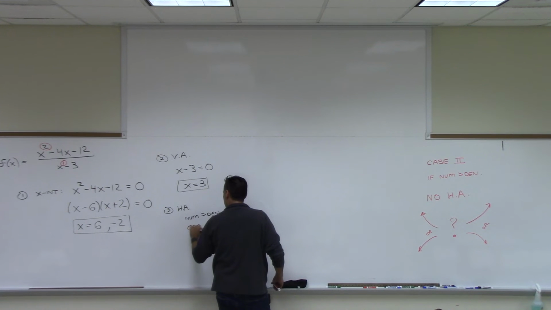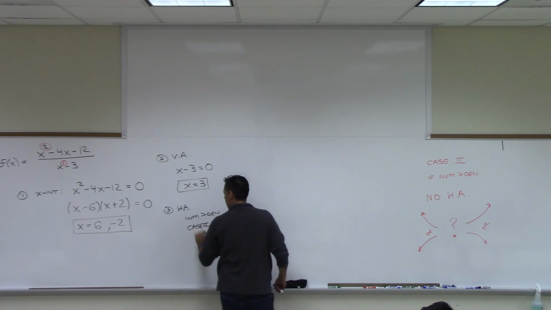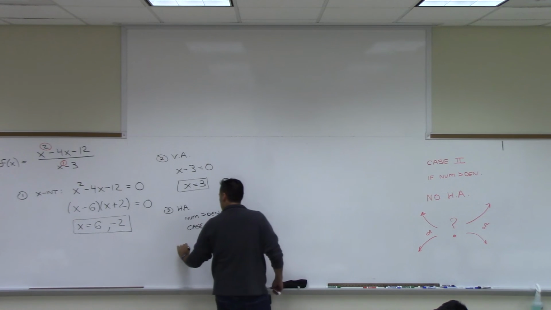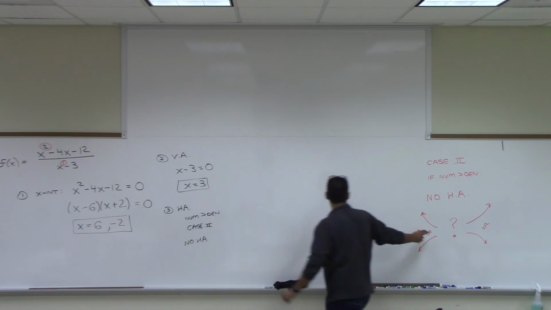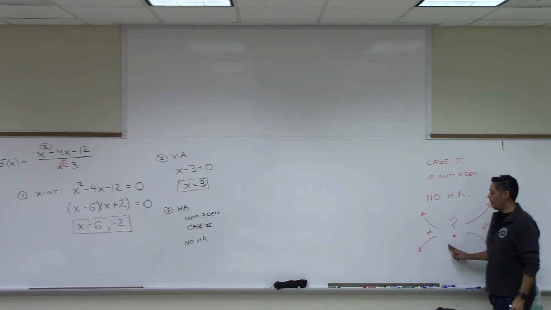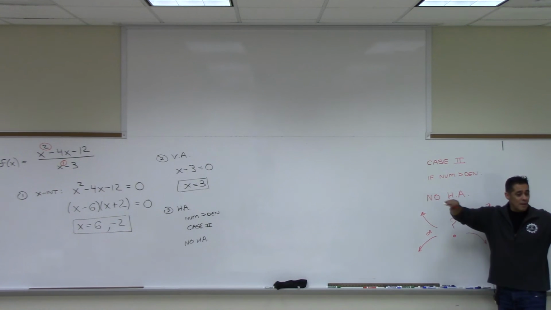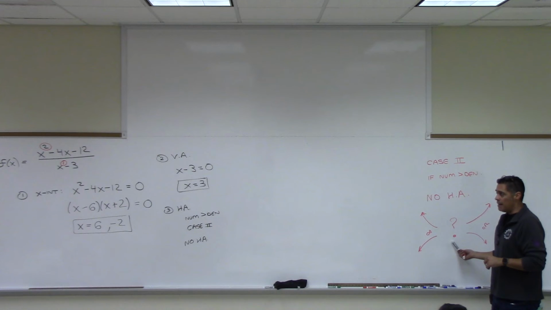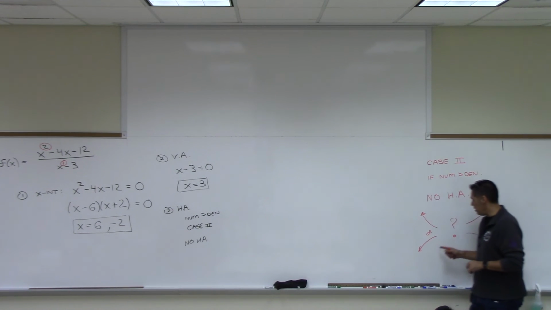This is case 2. So that means we have no horizontal asymptotes. It's going to do this or this, so we're never going to draw a dotted line horizontally on this graph. But we still need to remember that this happens: either this or this or this or this.